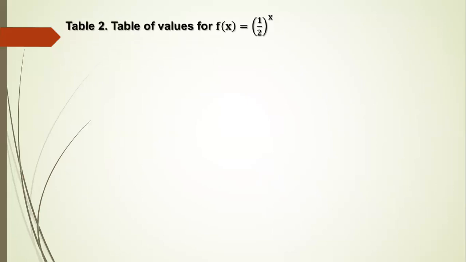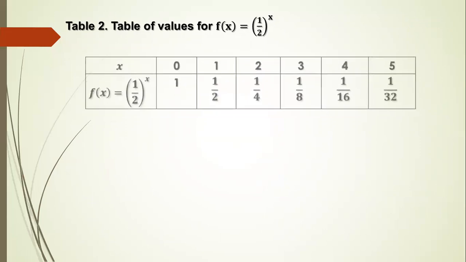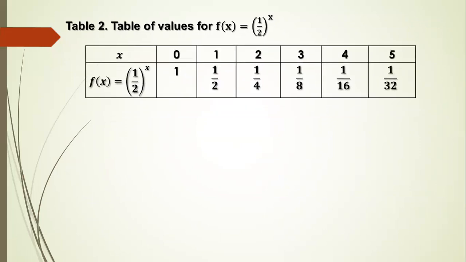Table 2, let's have another exponential function. So table 2 is the table of values for f of x equals 1/2 raised to x. Let's say the values of x are 0, 1, 2, 3, 4, and 5.